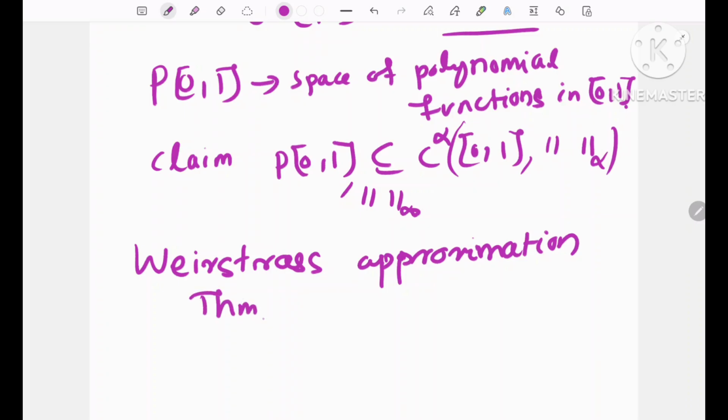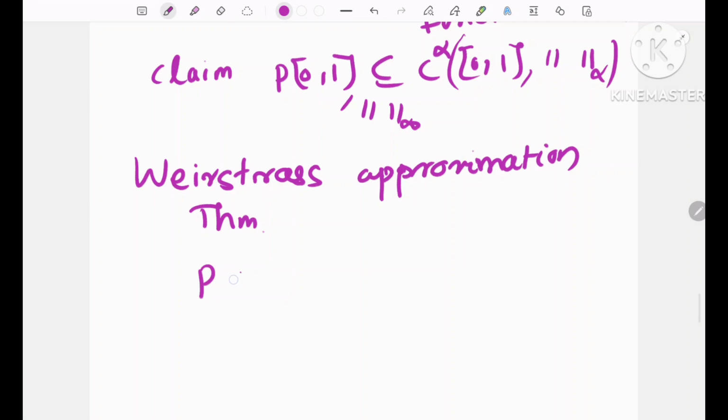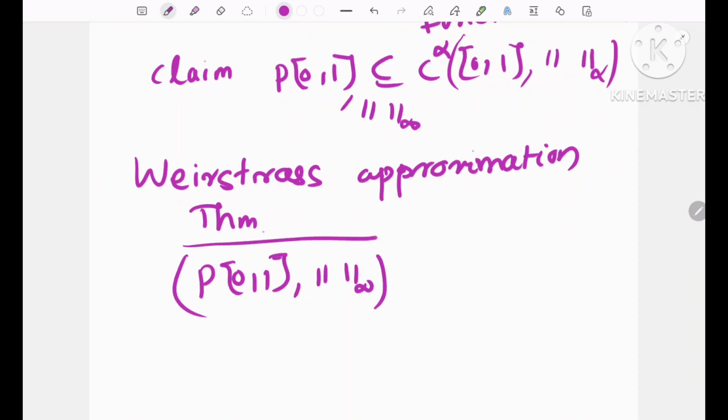This theorem says that P[0,1] with respect to the sup norm is dense, meaning its closure is equal to C[0,1] with respect to the sup norm.